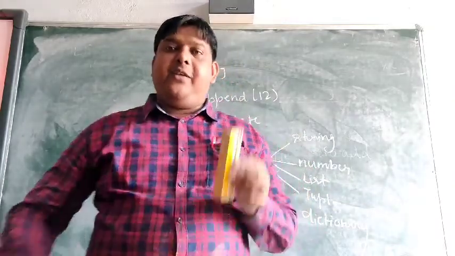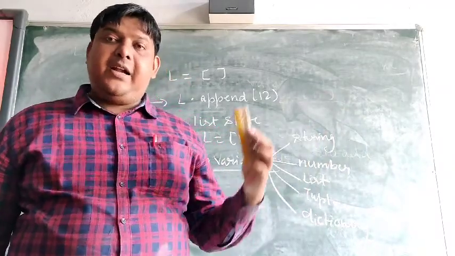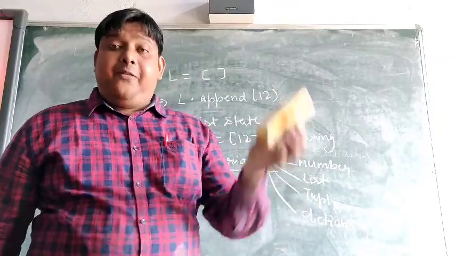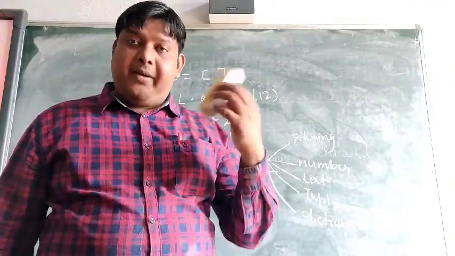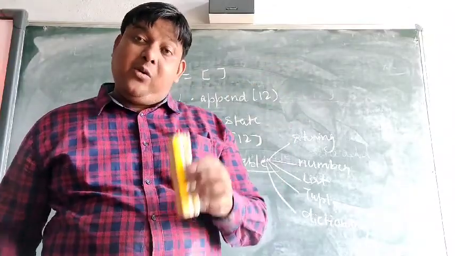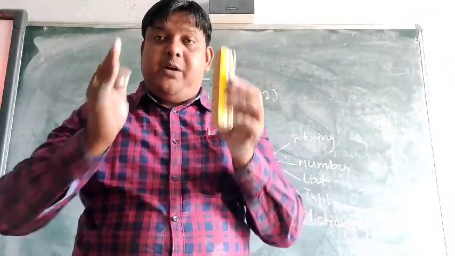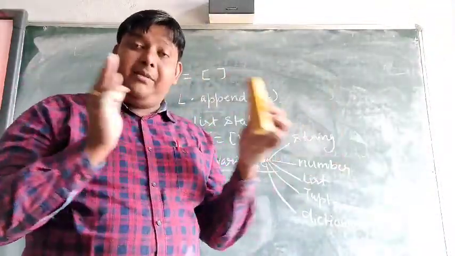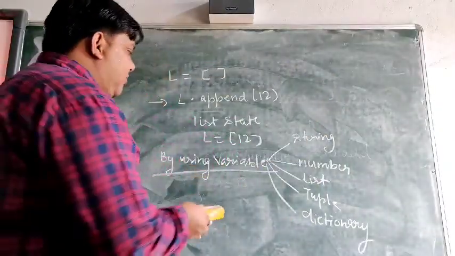For example, if we are adding the integer value, the integer 12 will be added. If we are adding the string value, it will be added in string format. If we are adding the list value, adding means appending. If we are appending the list value, the same list will be appended as a particular element. If we are adding the tuple, the same tuple will be added. If we are adding a dictionary, the same dictionary will be added into the list. I will show one by one example.